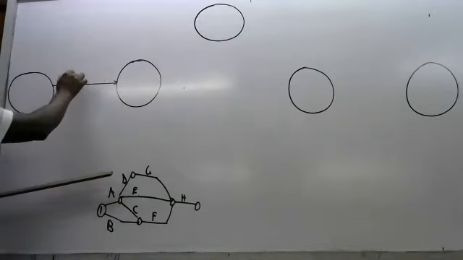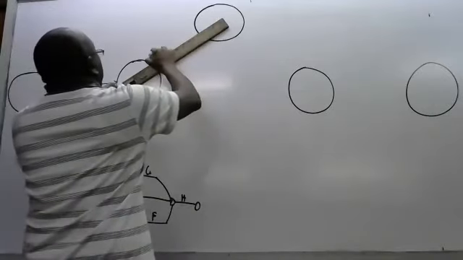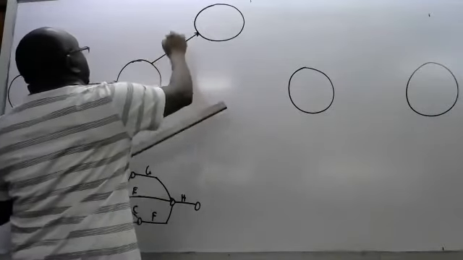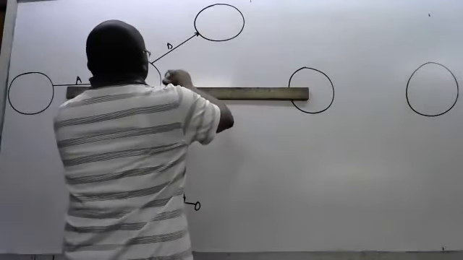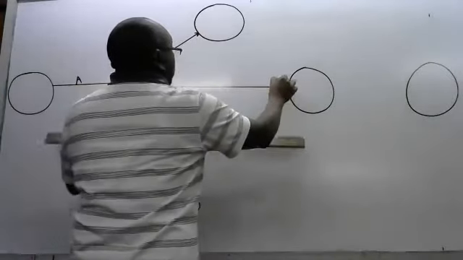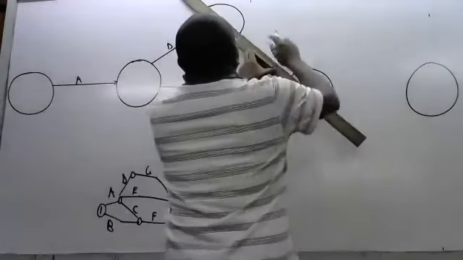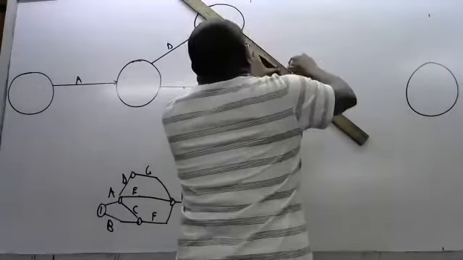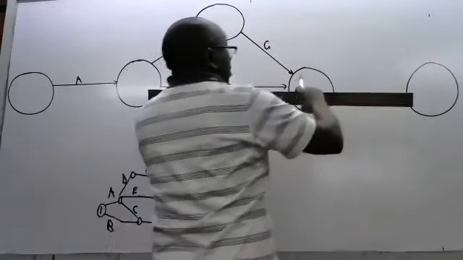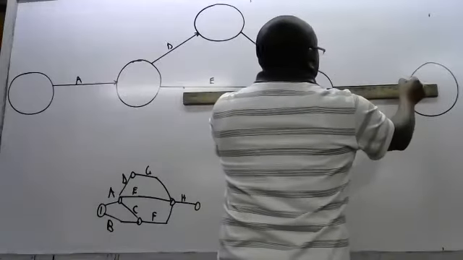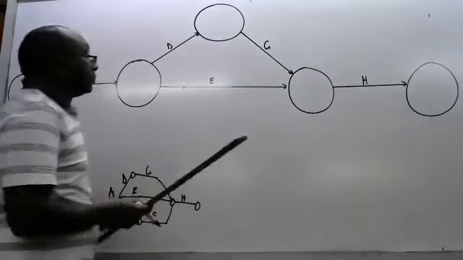So this is A here. This is B. This is E. This is G. This is H.